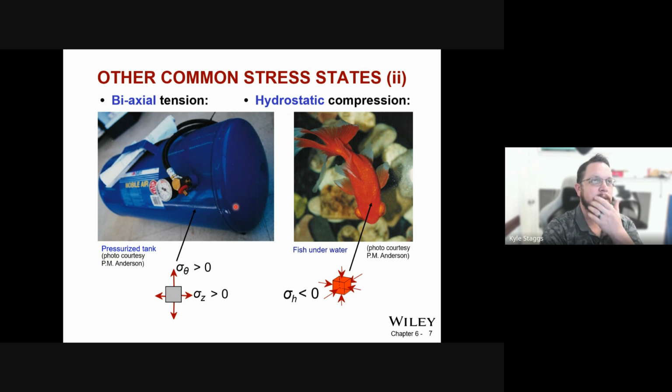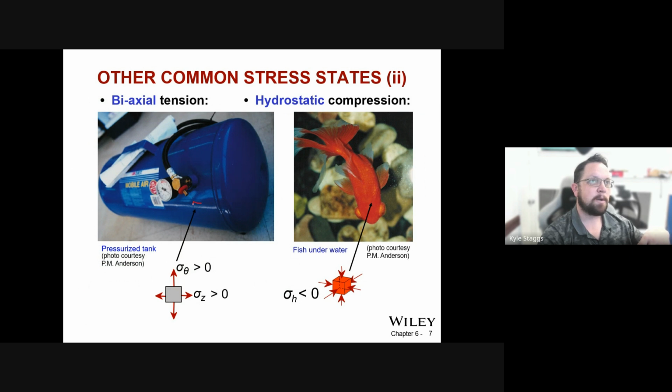Tank pressure is another example of this. Any kind of pressure in a pressure vessel is going to give you tension stresses. There's not compressive stress inside like you might think, but there is a biaxial tension.